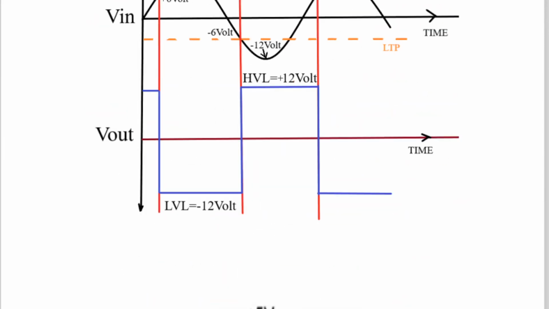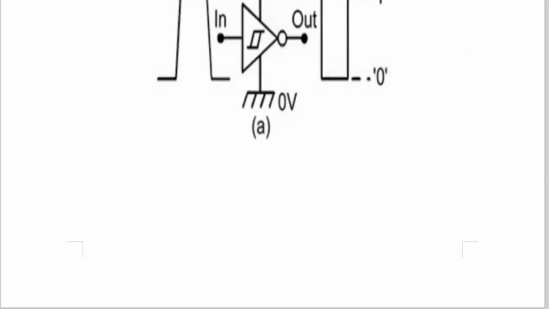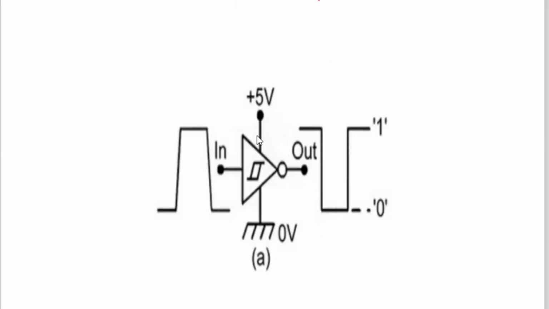Now we'll proceed to the derivation. But first, one more thing you see here. For the application of the Schmitt trigger, the inverting bubble sign is there, and this is the hysteresis graph. If you apply a square wave which has a slightly inclined positive edge and a slightly inclined negative edge, what does the Schmitt trigger circuit do? It gives the proper shape, so this incline will come exactly perpendicular.